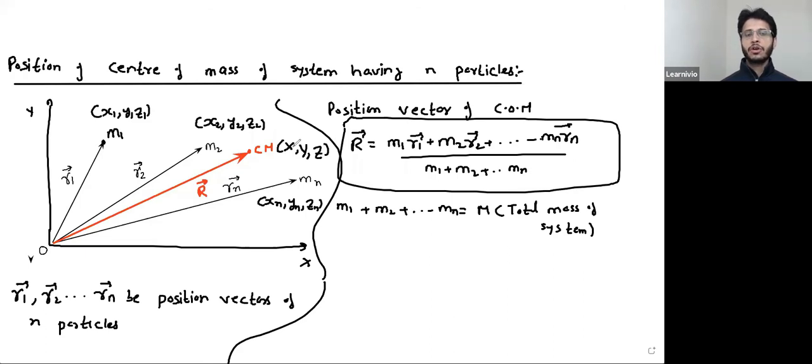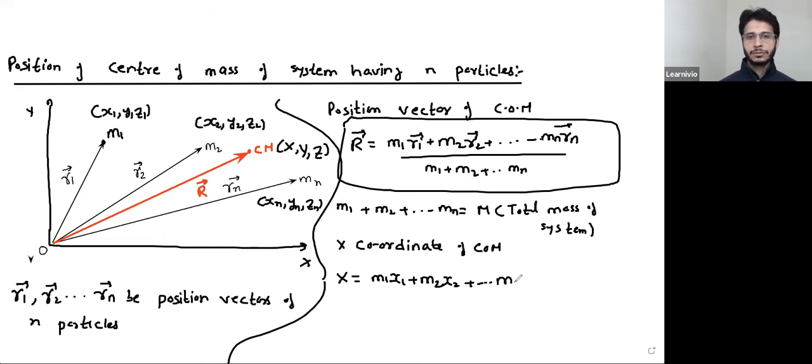I'm representing the coordinates of center of mass by capital X, capital Y, capital Z. So if you want to calculate the x coordinate of center of mass, it's m1 x1 plus m2 x2 up to mn xn, divided by m1 plus m2 up to mn.